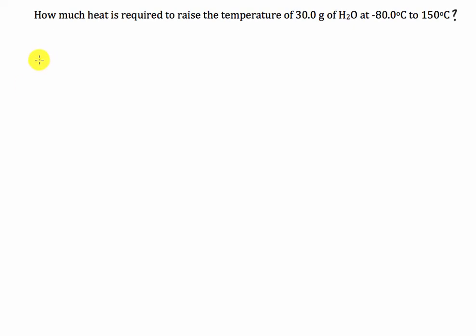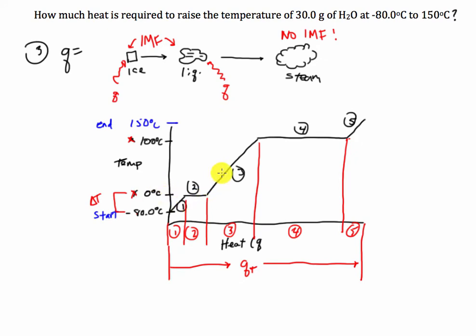Alright, so for part 3, I'm going to calculate the heat transfer. In this part I am heating the water up. Remember, if there's a change in temperature, I'm going to use delta T, therefore Q equals MC delta T. So really what you're looking for is the change in temperature.